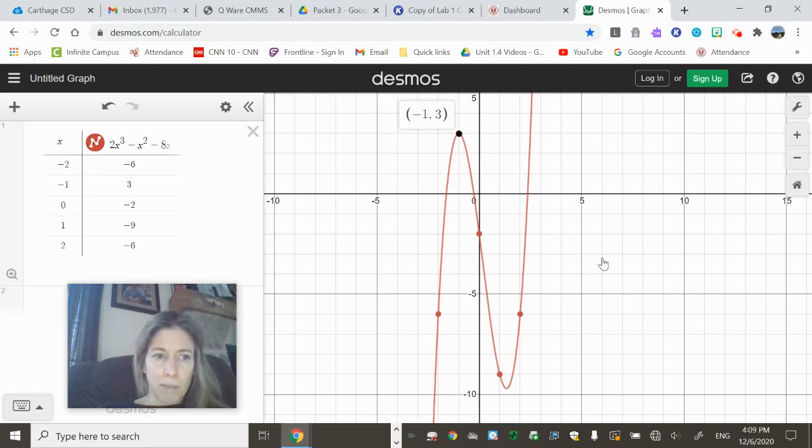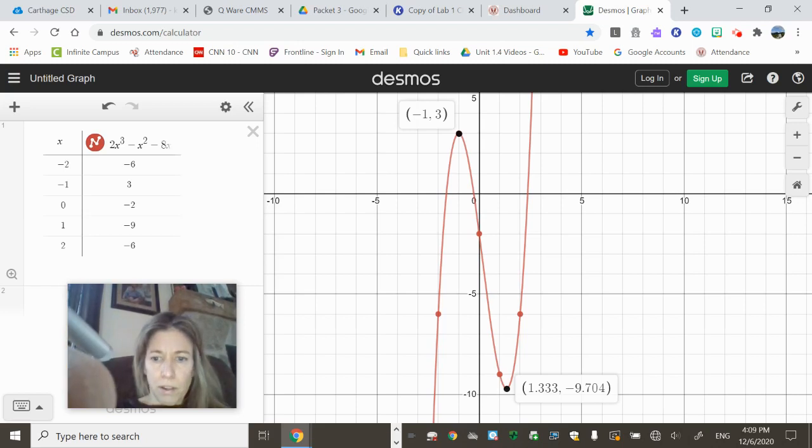Okay, this is our relative max, so -1, 3 is already on our chart. -1, 3 is a relative max, and this right here, 1 1/3 or 1.3 repeating, -9.07 is called a relative min.